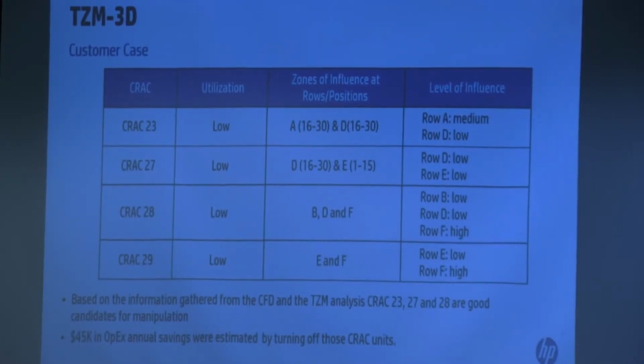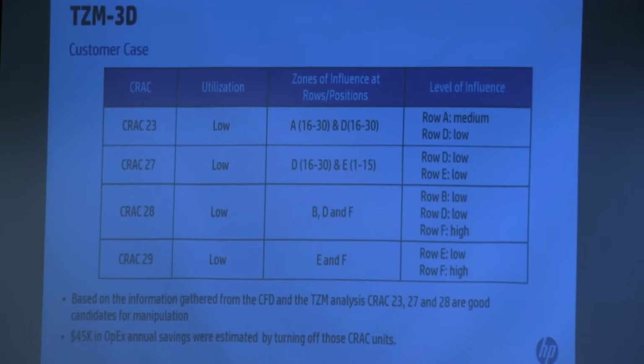By using that data, we can identify the air handling units that we can turn off, because the ones that will be turned off are normally those whose utilization is low and whose influence is also low. They're not doing much in your data center, but you have them on.